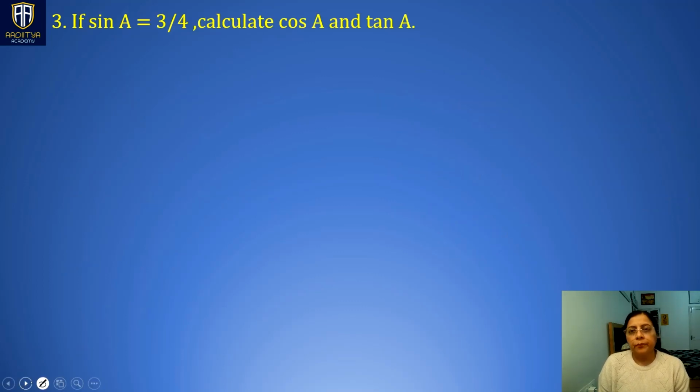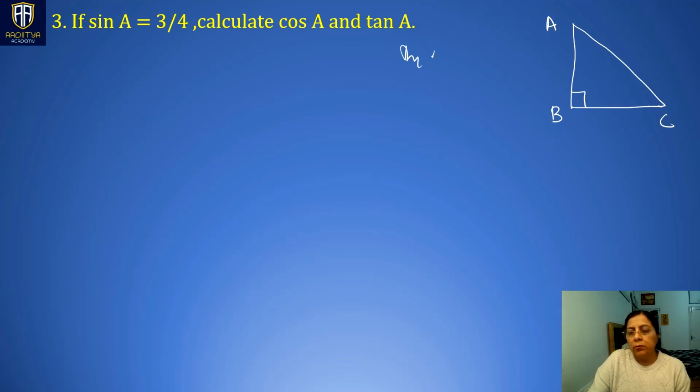Next question is, if sine A is 3 by 4, nothing is given except this. So I can take the right angle at B, or C, or A also. Let us keep B as the right angle.